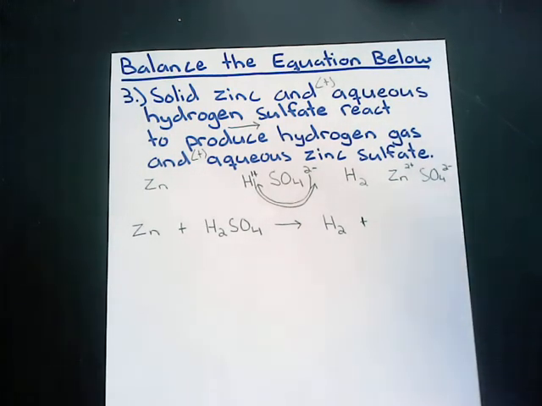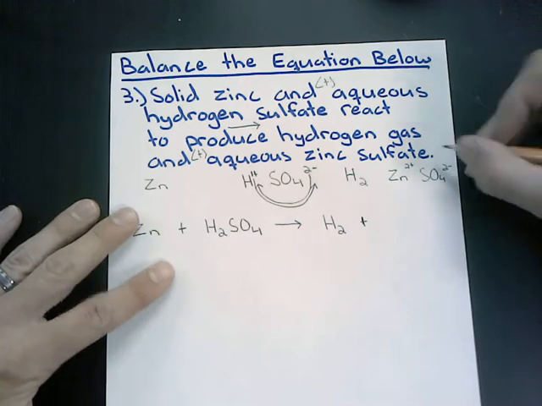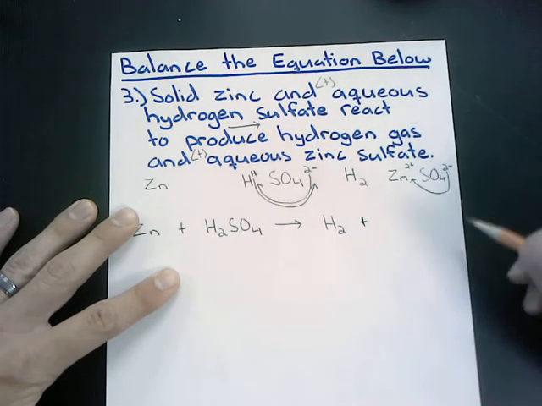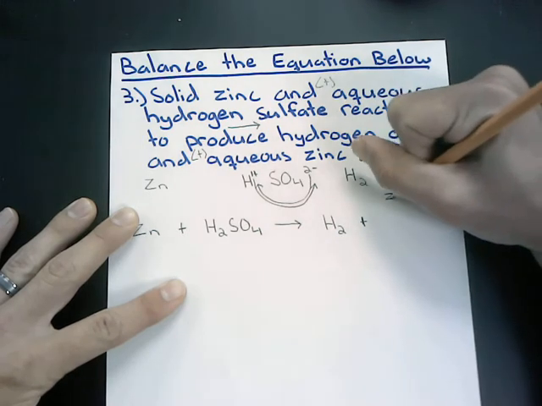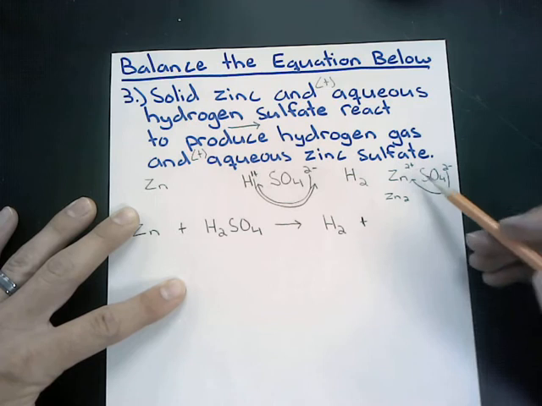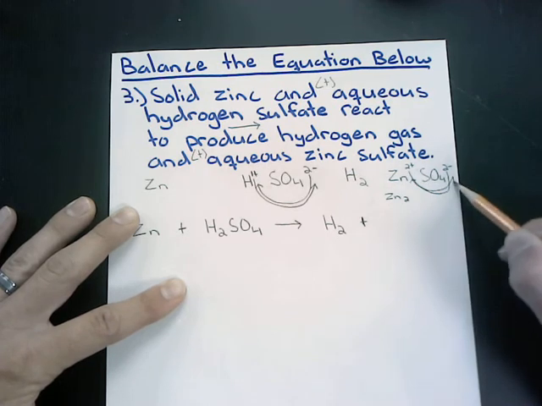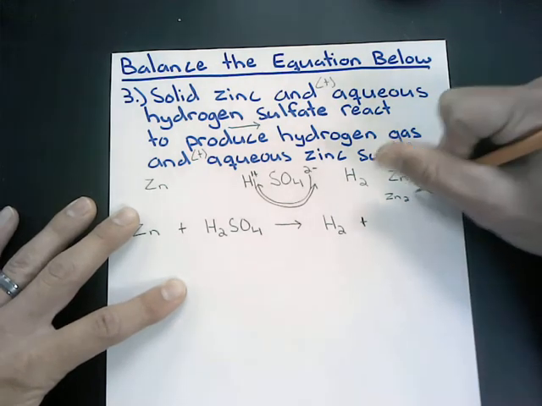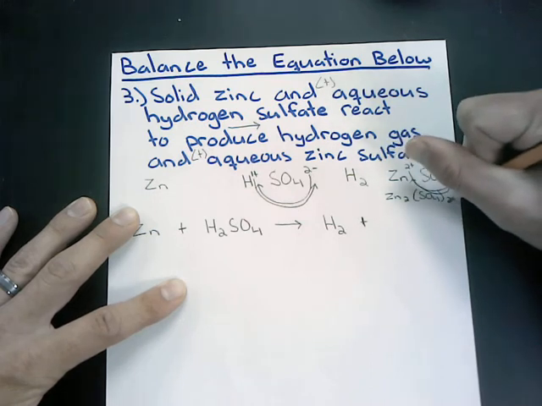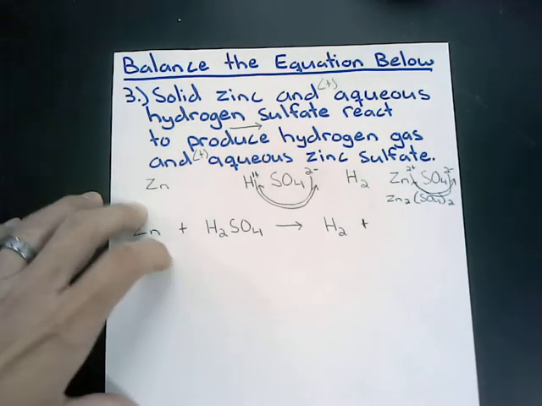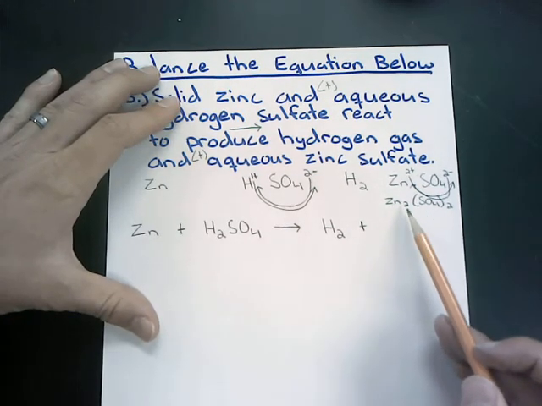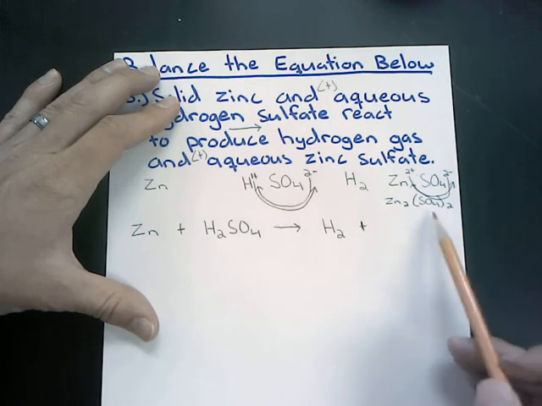Now what we do is we swoop the charge numbers to become our subscripts. So that means because we have a charge of 2- on SO4, we need zinc 2, and I'm going to write this below because you'll see here in a second. Then we have a charge of 2+, that means we need 2 SO4s. Now, this will make more sense: notice here, I have zinc 2, SO4 2.